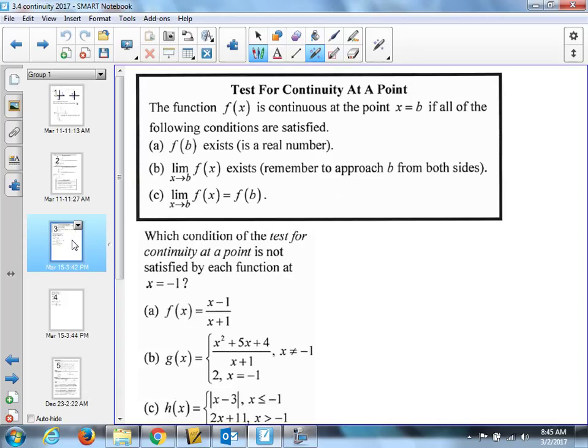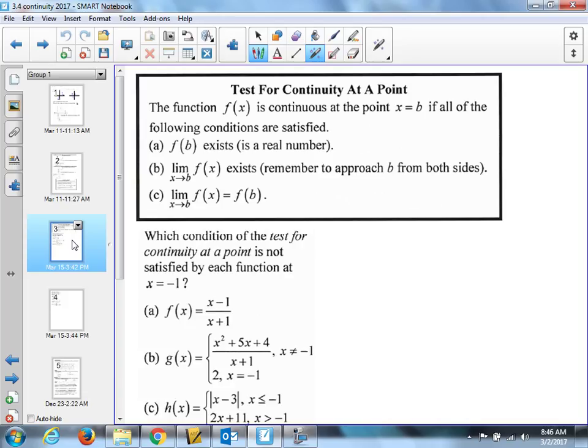Enough of that. Let's test this out. There is a test for continuity, and you're going to have to give me steps 1, 2, 3, or A, B, C, if I ask you. It is definitely required, you will be tested, and you can't freestyle, you got to use these steps.